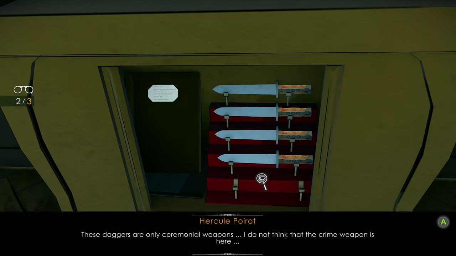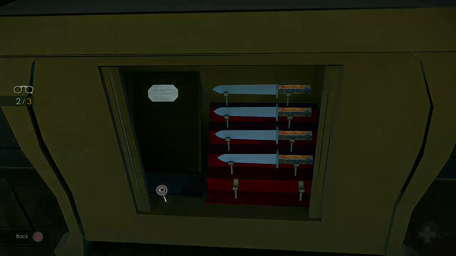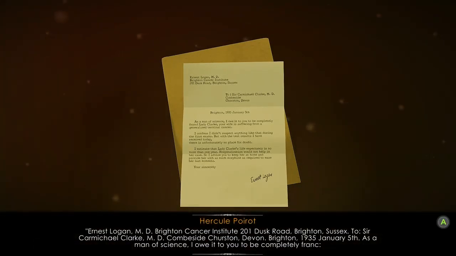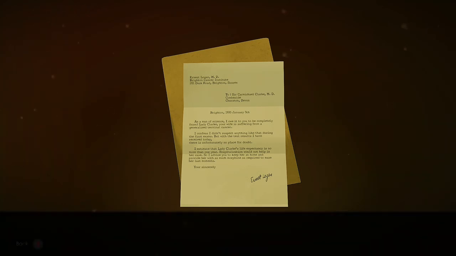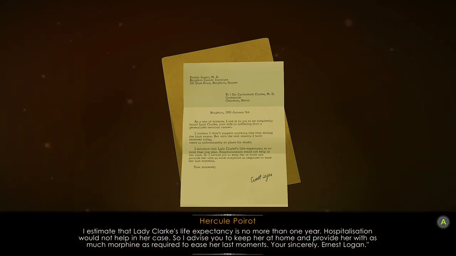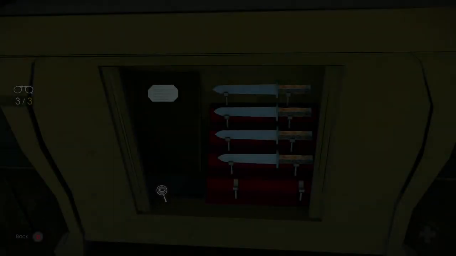These daggers are only... These daggers... Ernest Logan, MD, Brighton Cancer Institute, 201 Dusk Road. Lady Clark, you... I estimate that Lady Clark's life expectancy... We read that earlier.